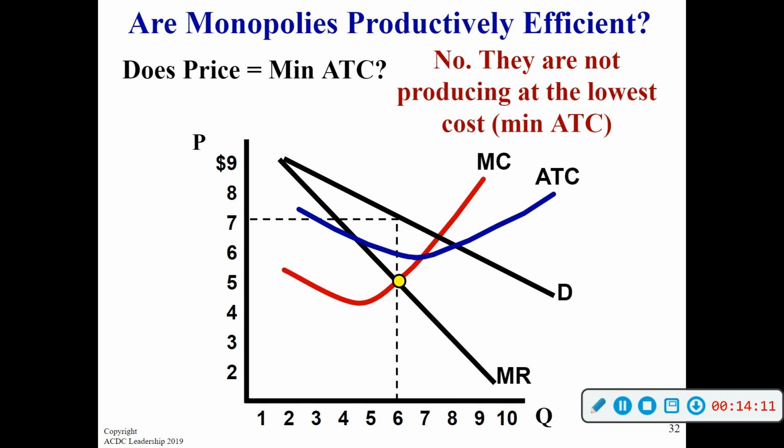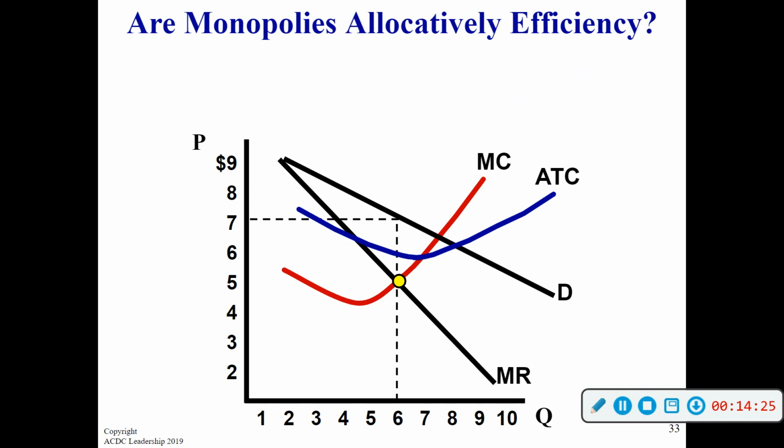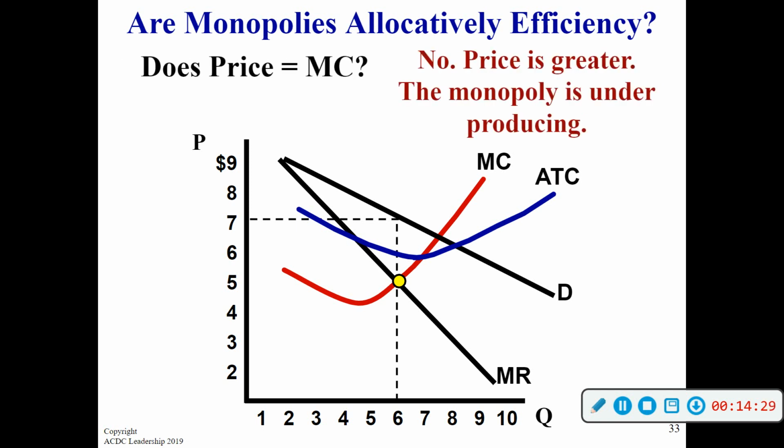Because remember, that's essentially a supply curve. Allocative efficiency is where society wants them to produce, based on an intersection of supply and demand. So they are neither allocatively efficient nor productively efficient, but they're still going to earn a profit. Well, they should earn a profit. So does price equal marginal cost? No. Because ultimately they're going to set that price, whatever that demand curve represents.